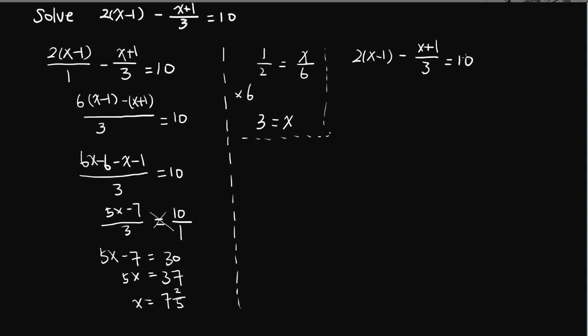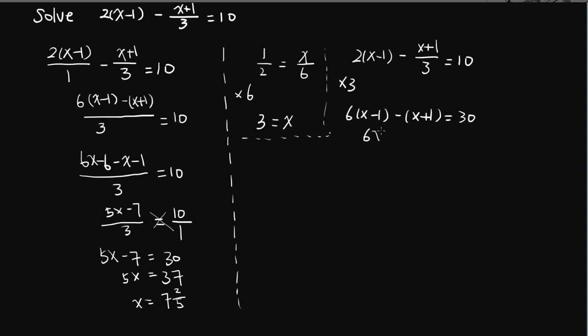In this whole equation I only have one term with a denominator, which is 3. So why not multiply by 3 throughout the equation? I'm going to have 6(x - 1) - (x + 1) = 30. Then I can start the simplification.